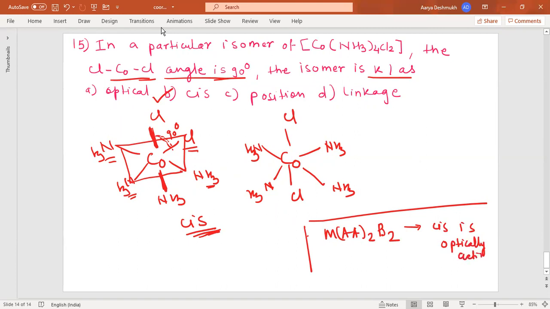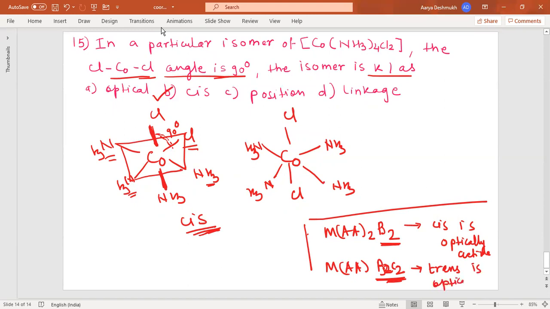And for MAA2B2C2, the only difference is these two unidentate ligands are different, and these two unidentate ligands are the same. So for this type of complex, the trans isomer is optically active. So this is the way you can solve MCQs based on this.